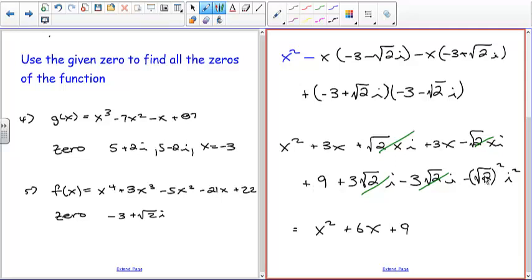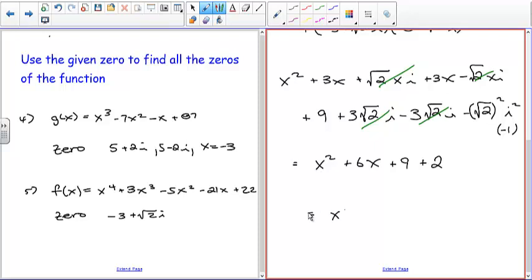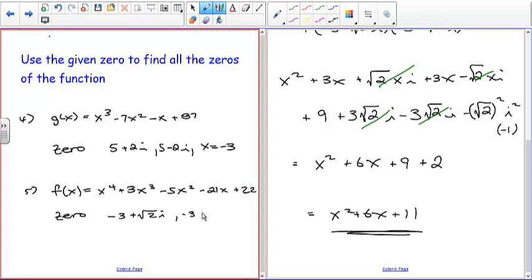You still have the negative sign, but i squared is negative 1. So negative times negative 1 is positive, so it's going to be plus, and the square root of 2 squared is 2. So finally you get x squared plus 6x plus 11. Okay, so that's these two multiplied together, this and its complex conjugate.